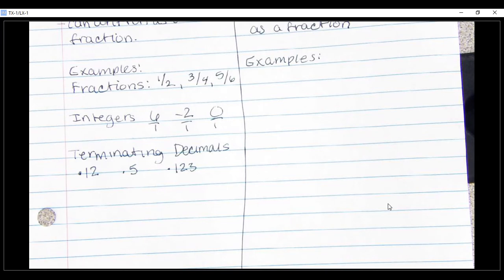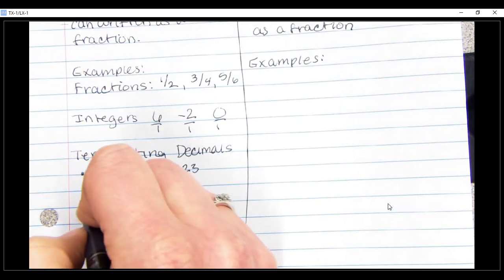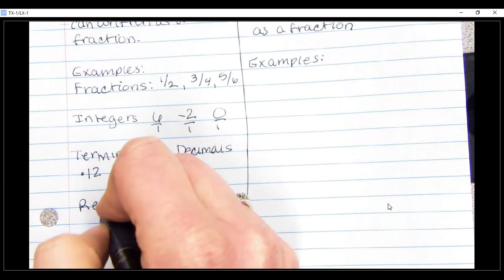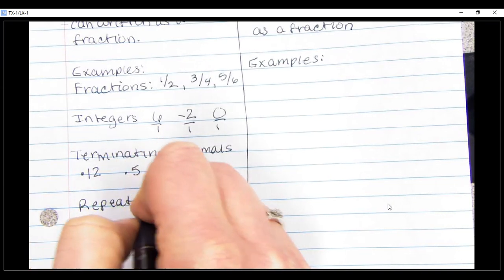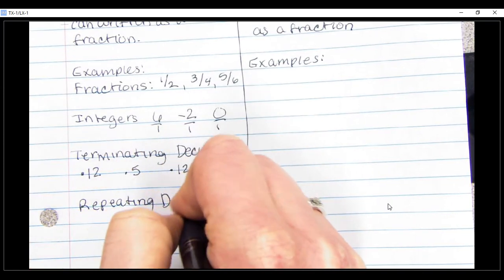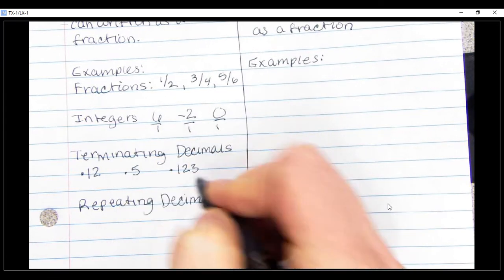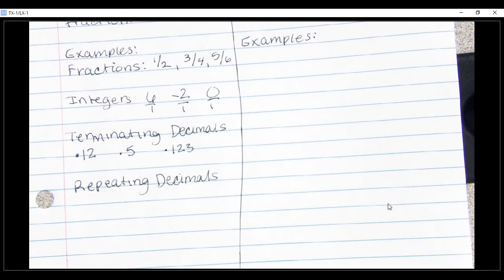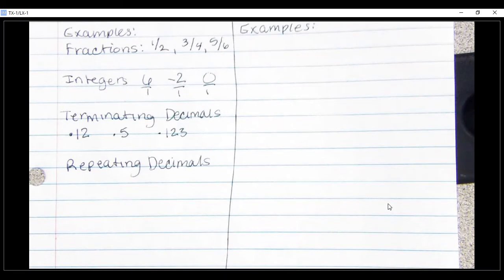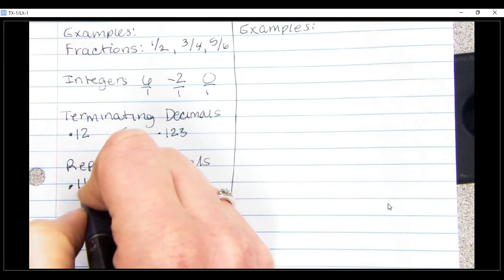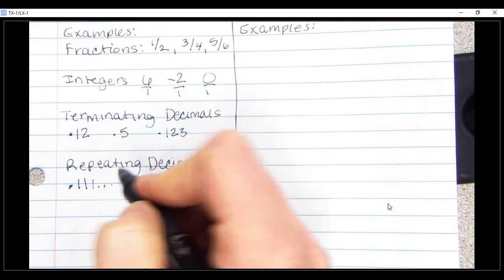Repeating decimals are another form of rational numbers. Now we're going to be talking about a lot of decimals in these two examples, so let's really get the repeating decimals down. They are decimals that have the same number repeating forever. So it's really important that you have the same number and, of course, that it repeats forever.